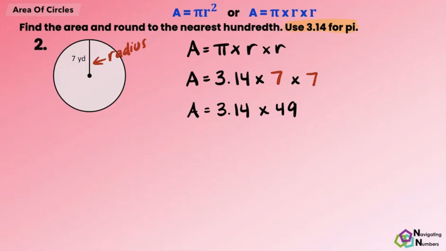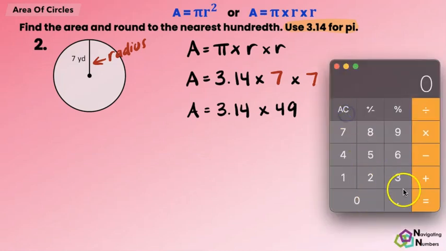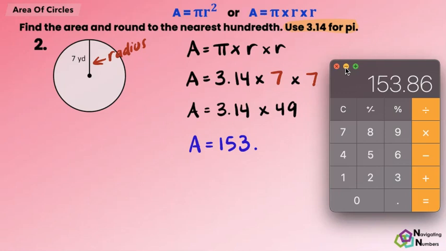All right, so let's go ahead and calculate that. We have area equals 3.14 times 49. So our area is approximately 153.86, and our units are yards squared.